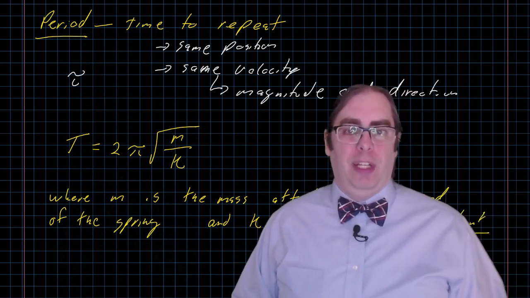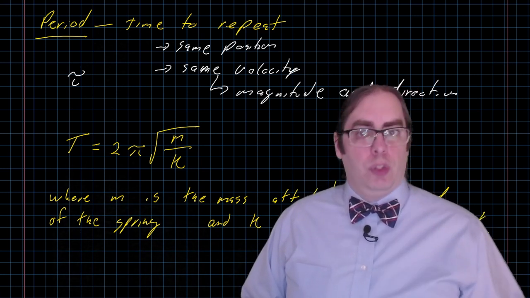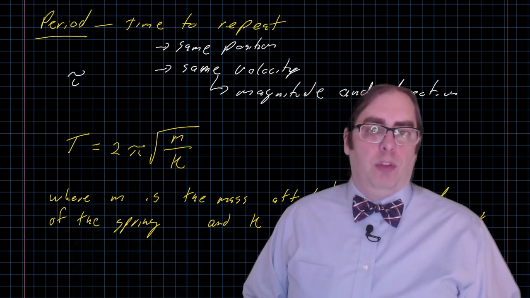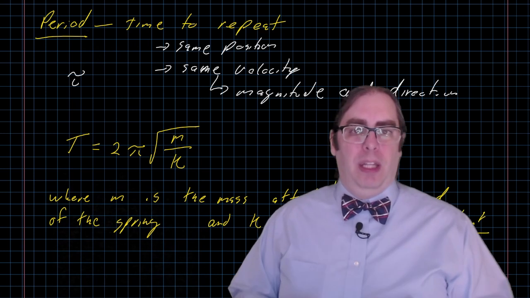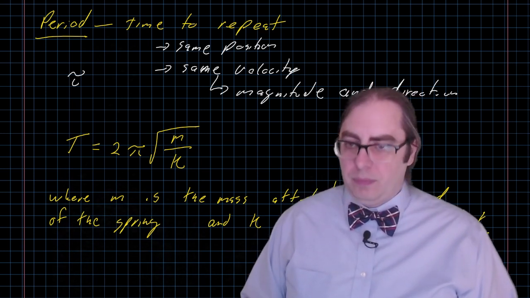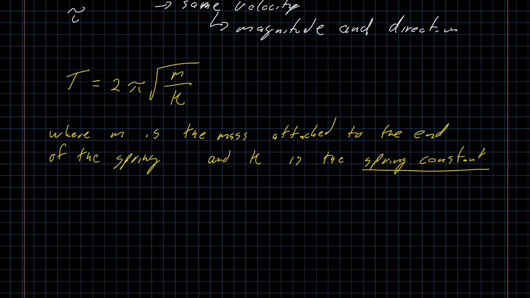How tall the spring is will change the spring constant. All right, so there are a lot of control variables in creating a spring that will affect the spring constant. All of that gets wrapped up in a nice bow, placed into one number that we can use pretty readily. The units of the spring constant are almost always given in newtons per meter.